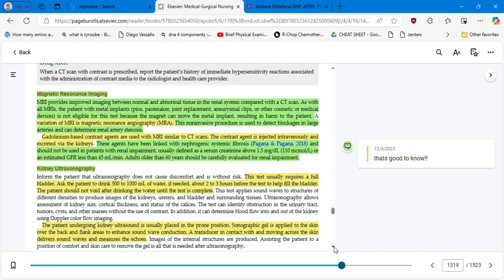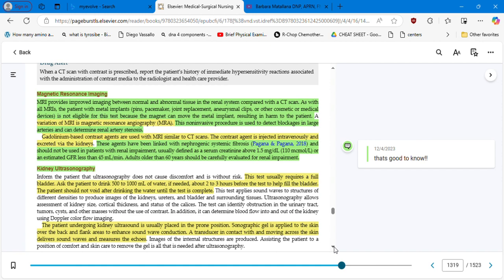So this agent should not be used in patients with renal impairment. We know that. Usually defined as a serum creatinine above 1.5. So that is the definition of renal impairment. That's why I strongly recommend you to review your creatinine levels and have them in your memory, right?